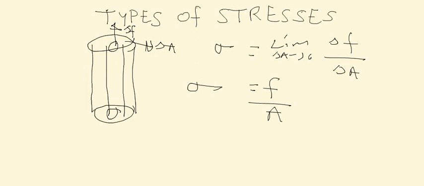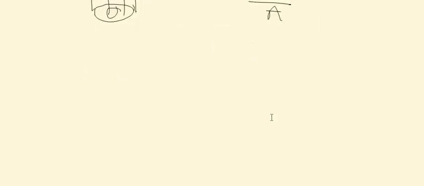Now stress is divided into different types depending on its property and the force applied. So without more ado, let us go into action. The first type, let's call it A, is what we call normal stress.